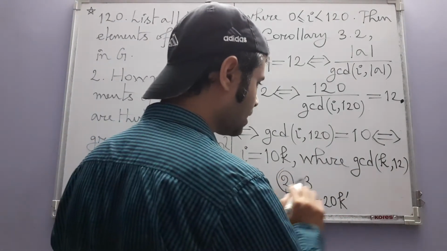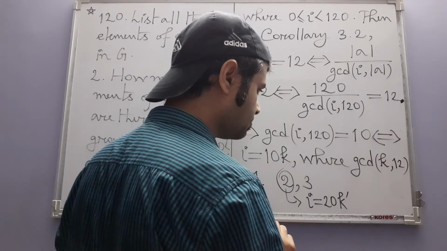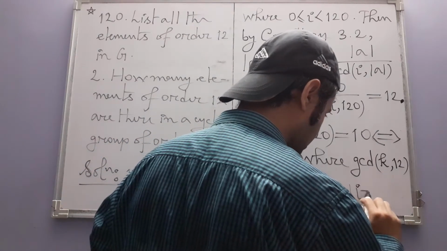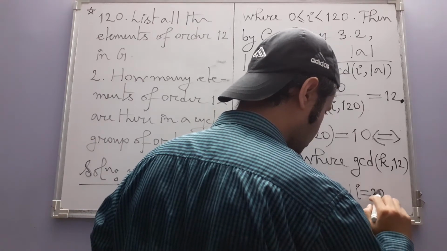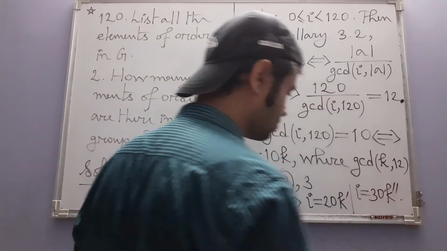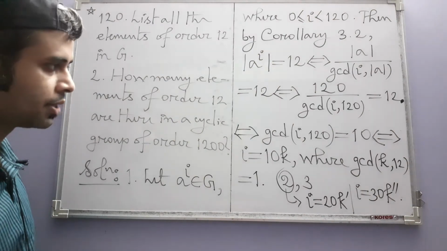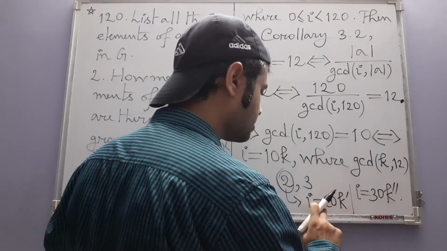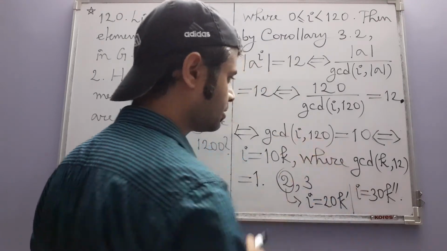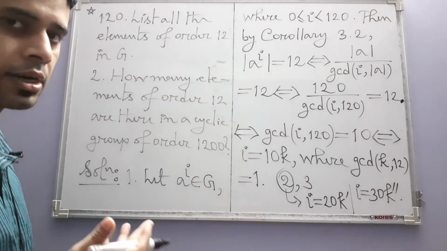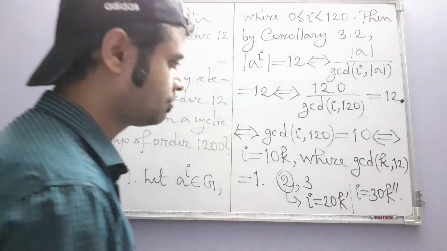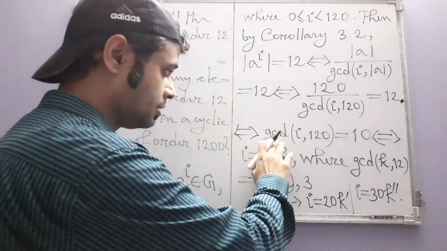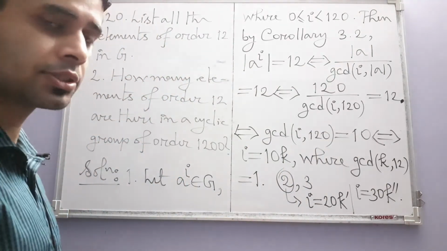If 3 divides both k and 12, then i is of this form, the other case, 30k'' for some integer k''. But then again, like this case, 30 divides i as well as 120, because 30, just like 20, also divides 120. So again the fact that the GCD of these two is equal to 10 cannot possibly be true.